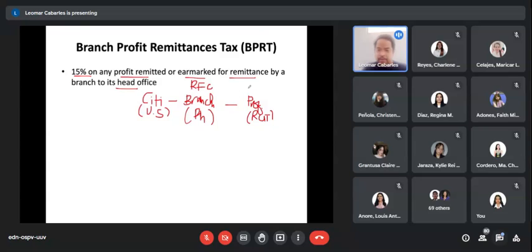Okay, so pag na-earn niya to, so meron siyang profit. Pag na-earn niya, meron siyang RCIT na babayaran.